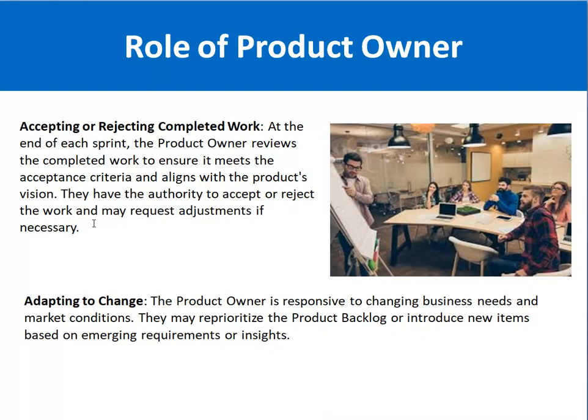The product owner has the authority to accept or reject the completed work which is presented at the end of the sprint. For example, if 10 tasks have been completed at the end of the sprint, the product owner has authority to accept or reject that increment or that particular work based on his knowledge and his feedback from the customer.